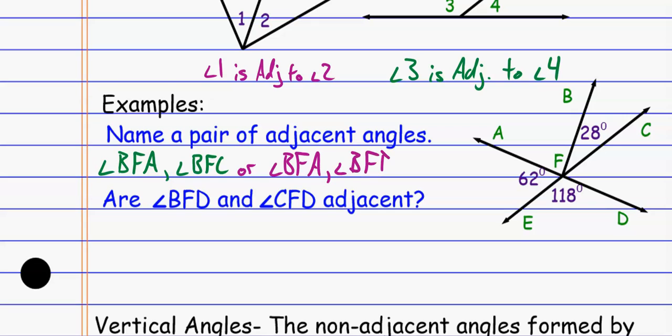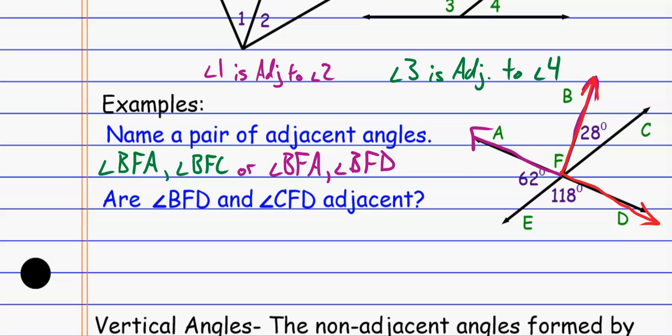If I were to trace this, there's BFA, and BFD is this angle right here. Notice they're right next to each other. They share that side, ray FB, and so that makes them adjacent angles.